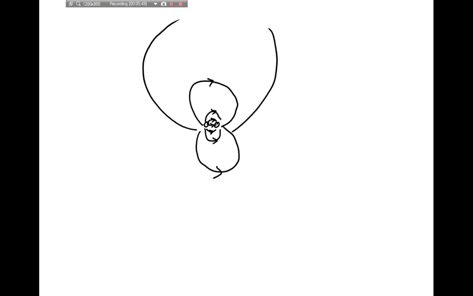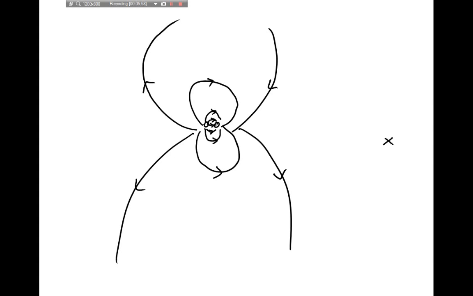So if I have a positive charge here and a negative charge right here, and I'm really far away, I get an electric field line like that, and then some lines that are further away like this.